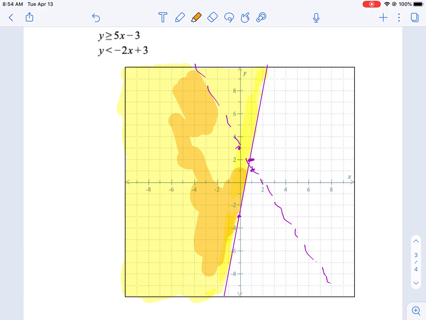So here is your solution that I was looking for. This is the part you should have clicked on. And that's your solution. That's what your graph should have looked like.